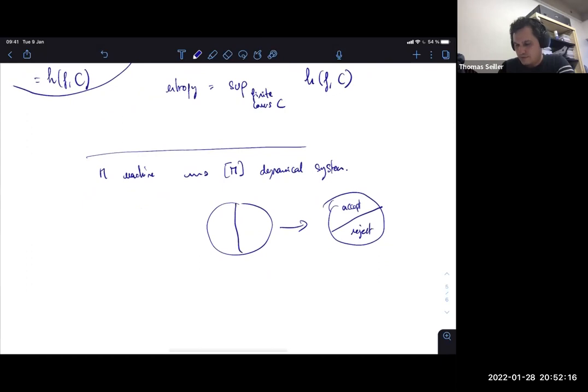So you will get the points that are sent to accept in one step, the ones that are sent to reject in one step, and you do this thing where you just take the intersection of the covers, right? And you continue like this. And after a number of steps, you get a decomposition of the space.